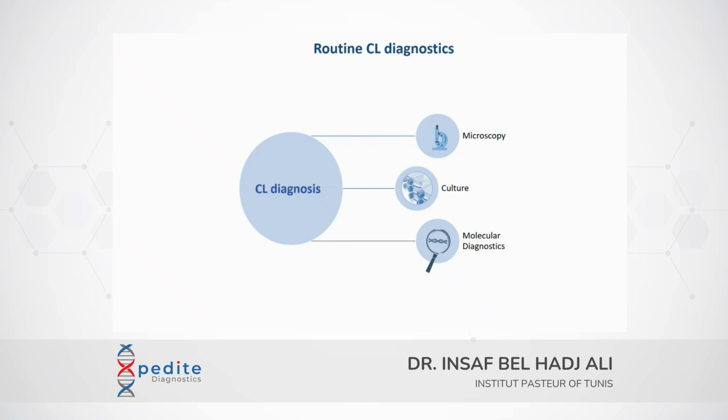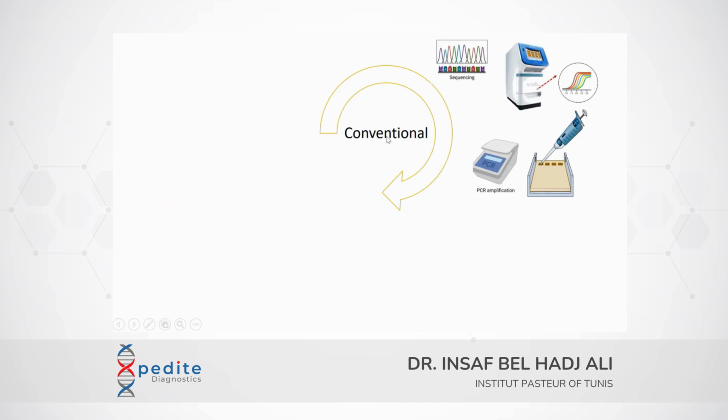So the most accurate diagnosis is done by molecular tests, namely PCR-based techniques. But PCR-based techniques are dependent on equipped laboratories with heavy equipment like sequencers, thermocyclers, electrophoresis systems, etc.